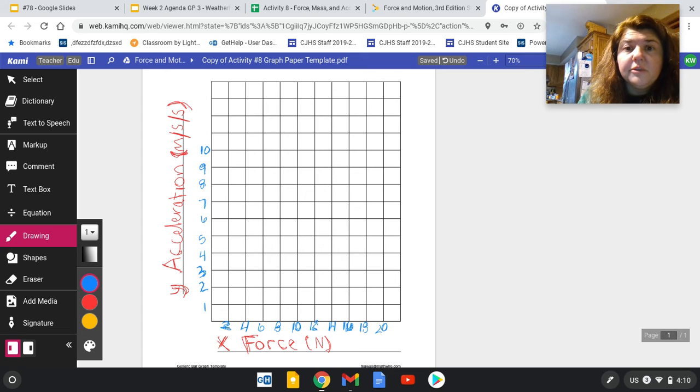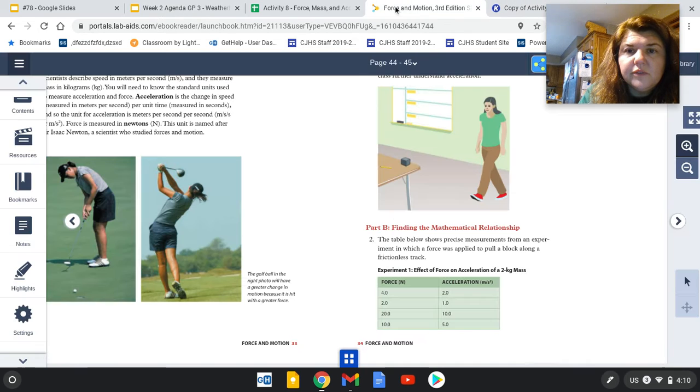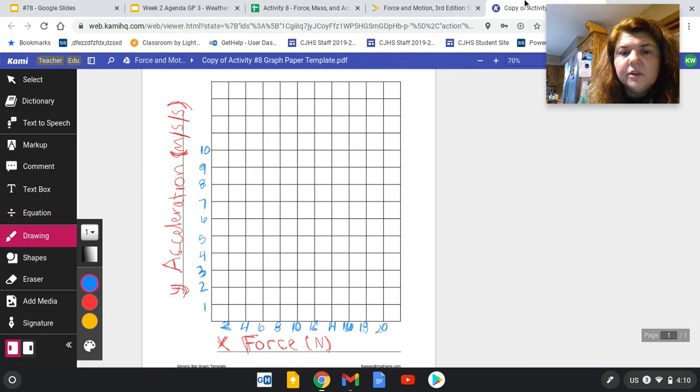Our data from experiment 1. So if I come back here and look at the data table, the first one listed, where I'll plot our points, is 4 newtons, and the acceleration is 2. So I'm going to go ahead and put my first dot right there. Now you're going to graph the other 3 points.